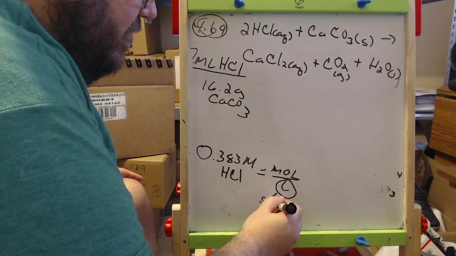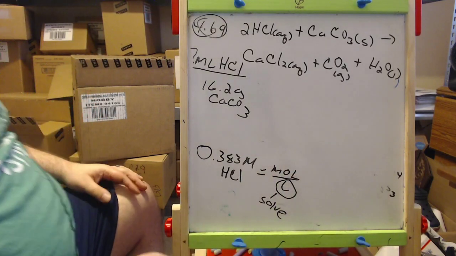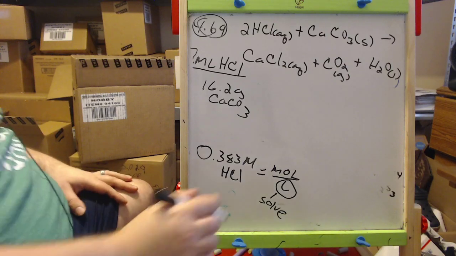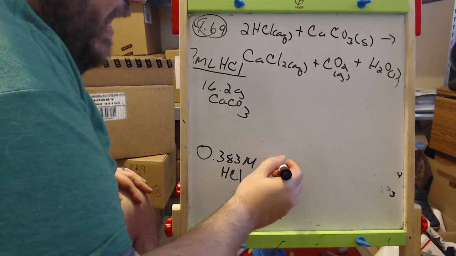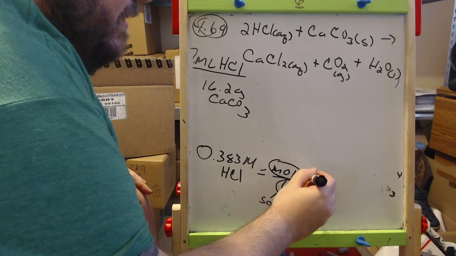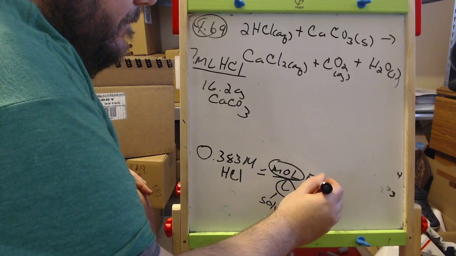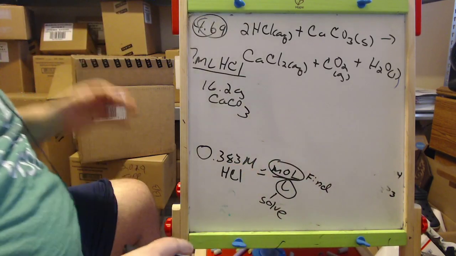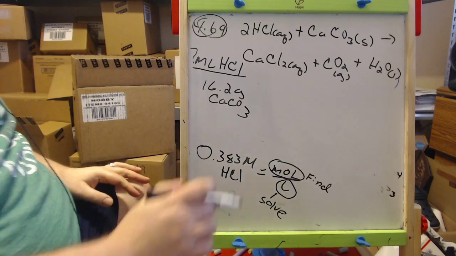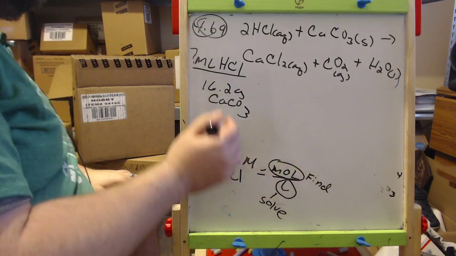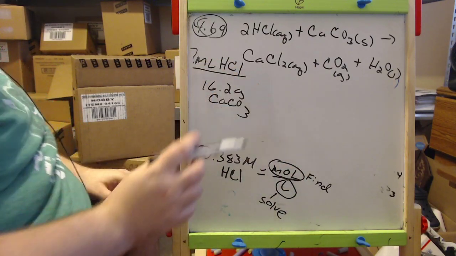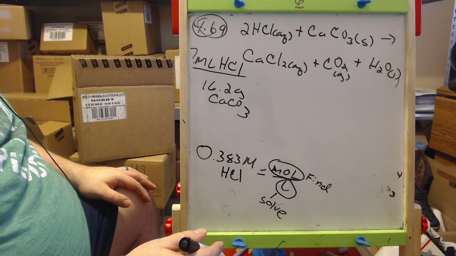Yes, it's liters. I'll just have to convert it, but that's what I'm solving for. In order to solve for this, I need to find this. I need to find the moles of HCl. And the way I'm going to find the moles of HCl is from the grams of calcium carbonate.